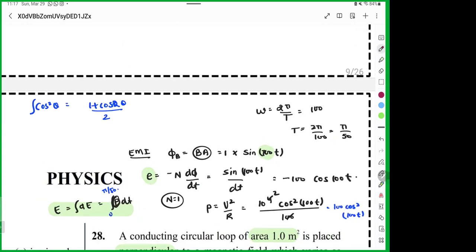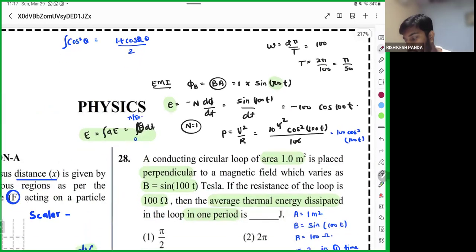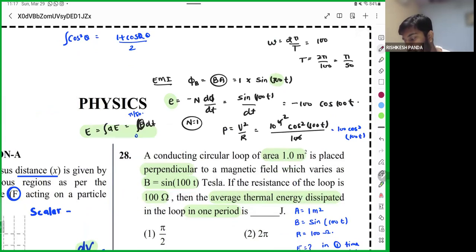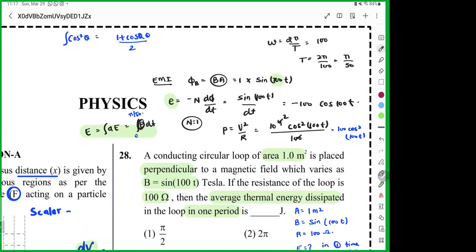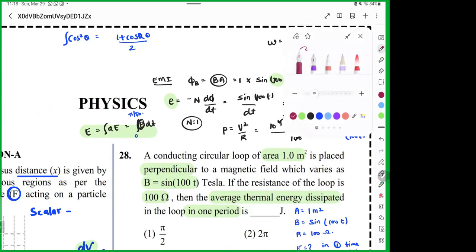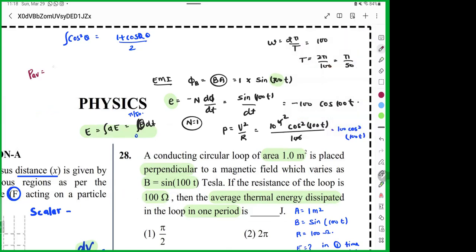Can you give the short idea of how you can correlate? Like say using P equals I square R, we can put the P average value where cos square average value is half. But ultimately, if you take P average value is equal to I square R, I is equal to V by R, it will again be V square by R. Okay, next.